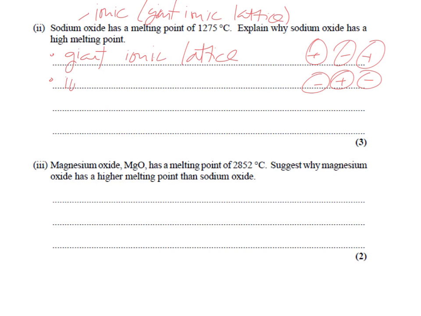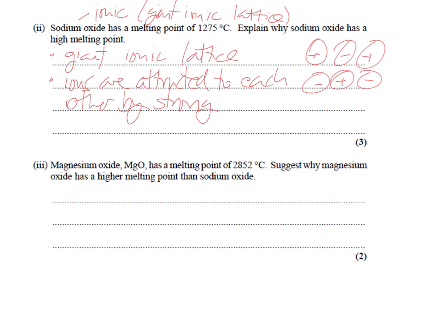So the ions are attracted to each other by strong electrostatic forces. And the phrase I use when I'm teaching this, I talk about iabochi, which is electrostatic attraction between oppositely charged ions.